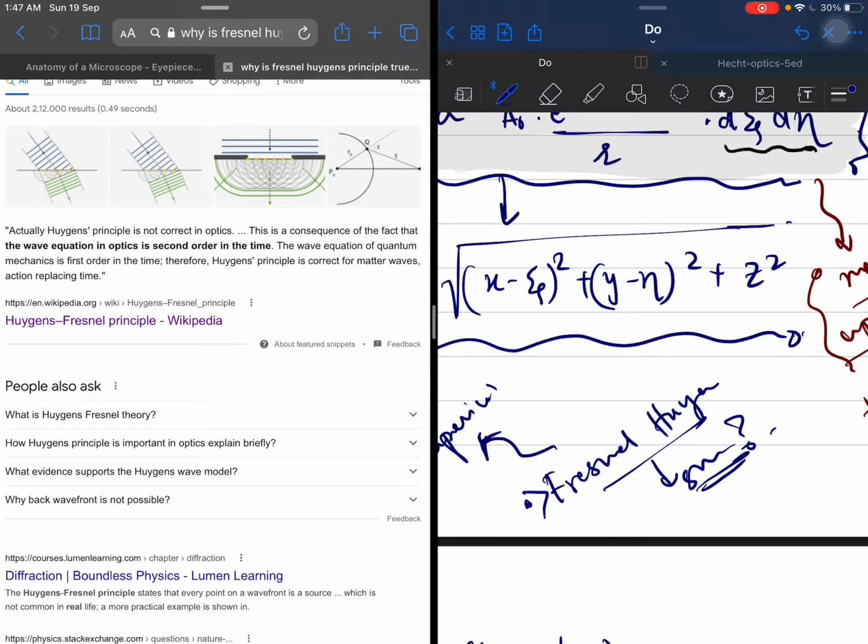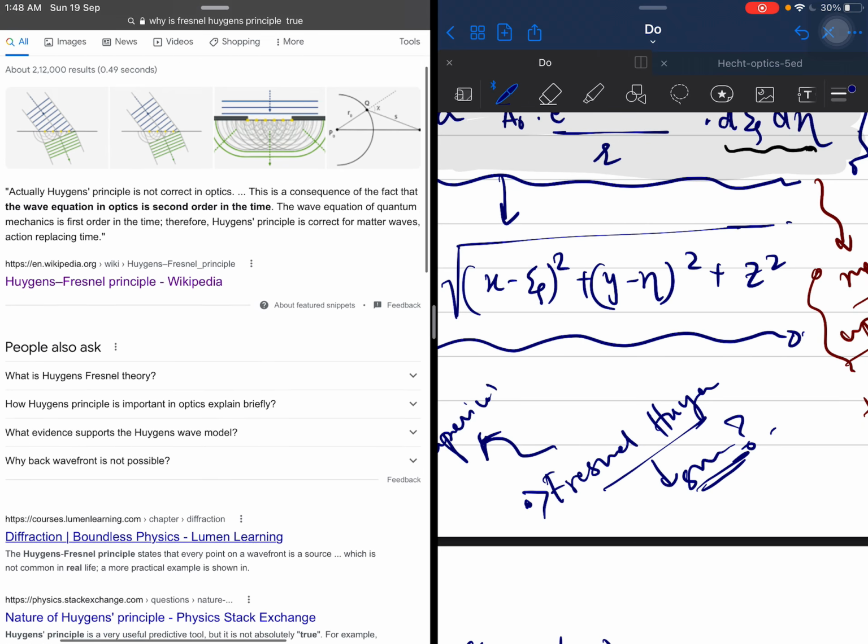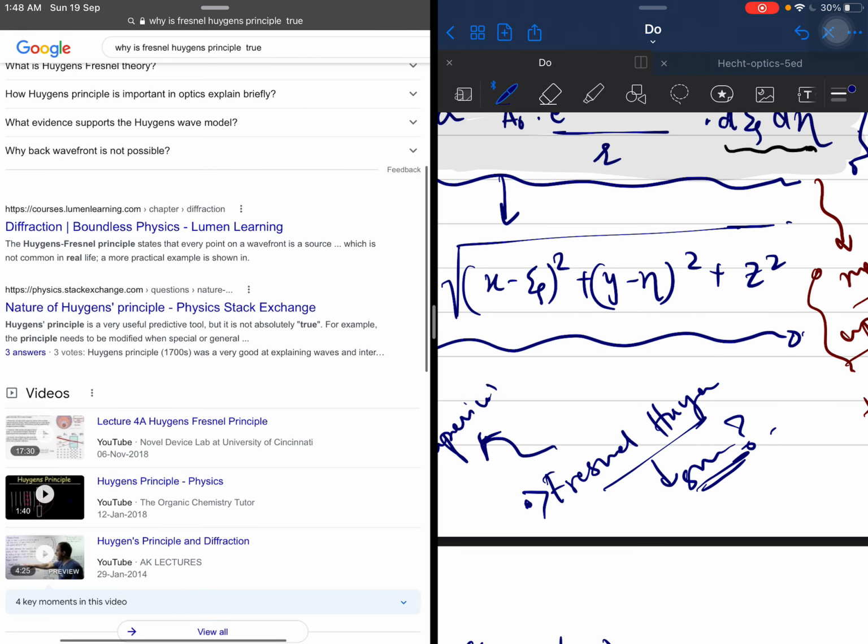The wave equation of quantum mechanics is first order in time. The equation of optics is second order in time. Quantum mechanics is first order in time. Oh my god. Yeah, I guess we'll dig into that later someday.